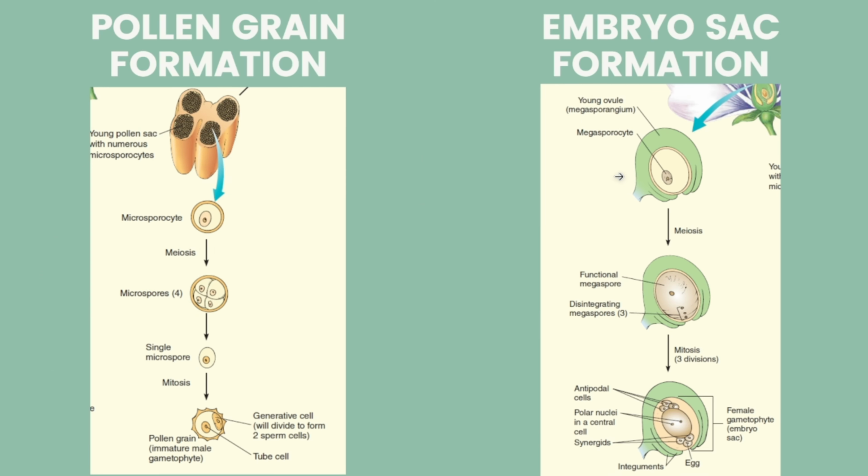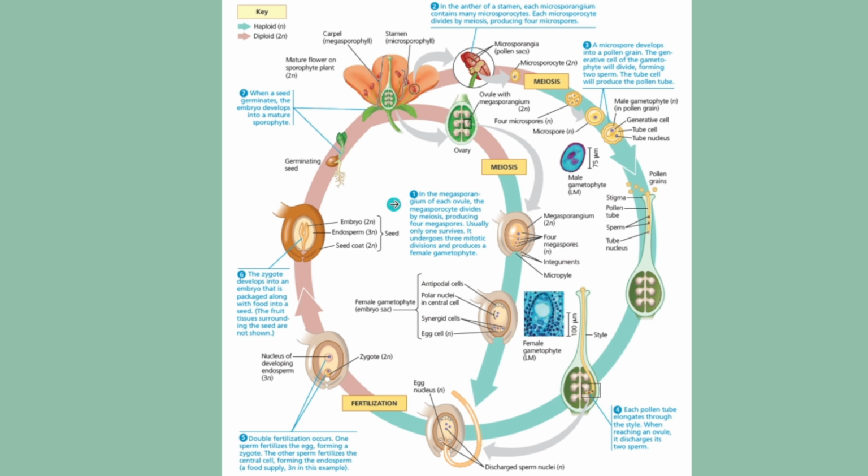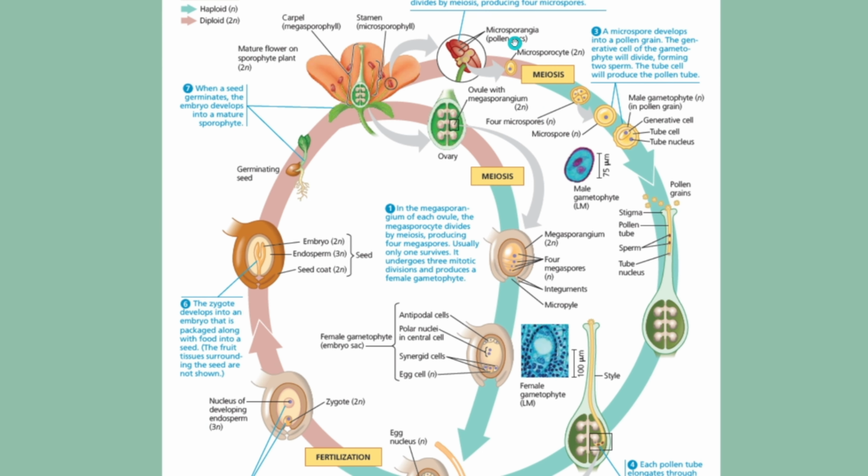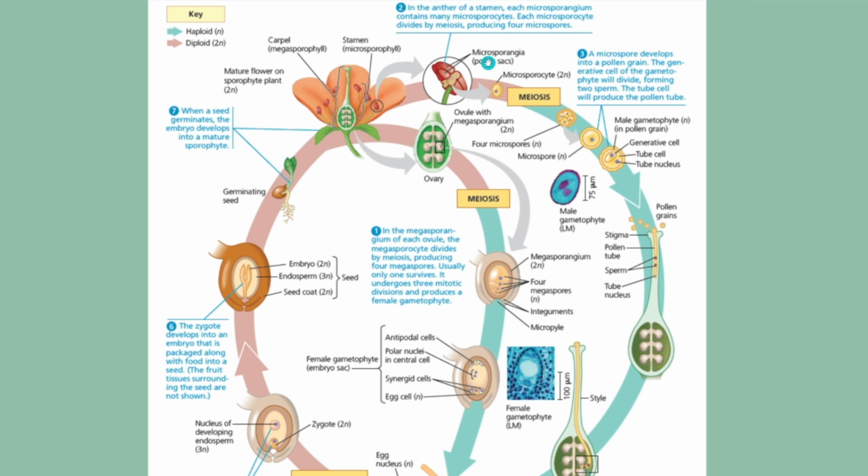As I mentioned, plants also have sperm and ovum. In humans, sperm is formed through spermatogenesis, but in plants they are not formed through spermatogenesis. They are formed in the pollen grain. Where is the pollen grain formed? It is formed from the pollen sac here. Another name for the pollen sac is microsporangia.